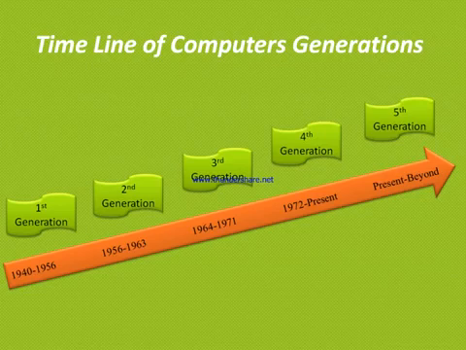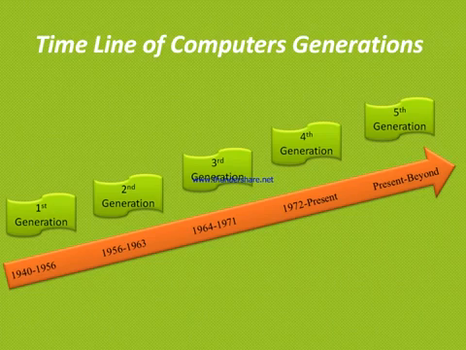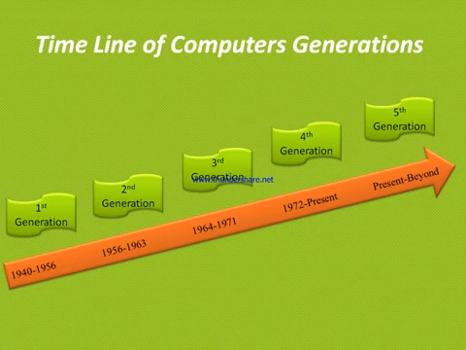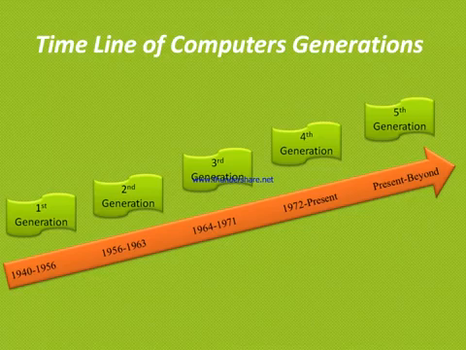Fifth generation, present and beyond. With every generation of computers, there was a major development in technology. As a result, computers became smaller, cheaper, powerful, and efficient. Let's start with the first generation of computers.